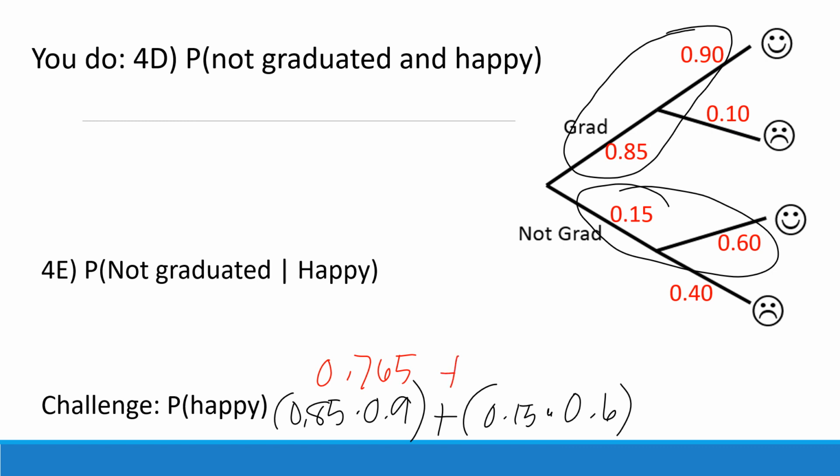Then 0.15 times 0.6 would be 0.09. So if I add those two together, I get 0.774, which is a 77.4% chance that they are happy.